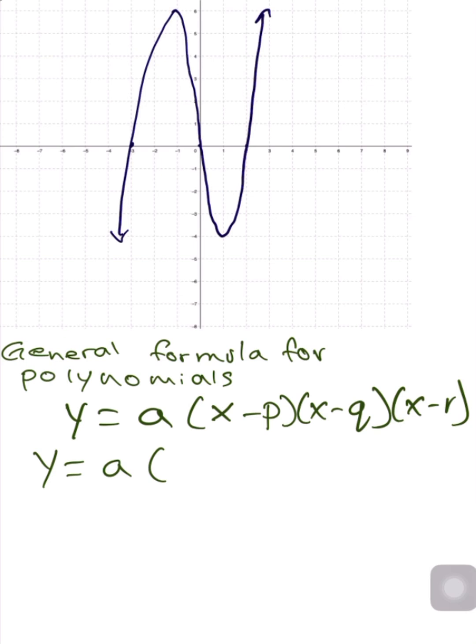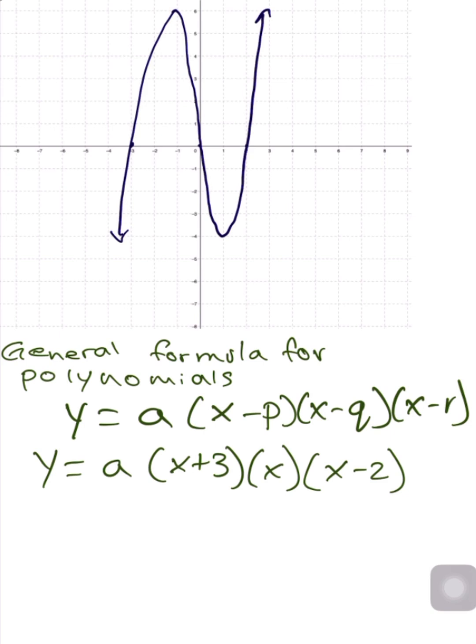So remember, when you write them in the parentheses, you have to flip the sign. Now you have another x-intercept at 0. So that's written just like x. And then you have an x-intercept at 2. So when you put it in the parentheses, you got to flip the sign. Okay, so now you have this equation.